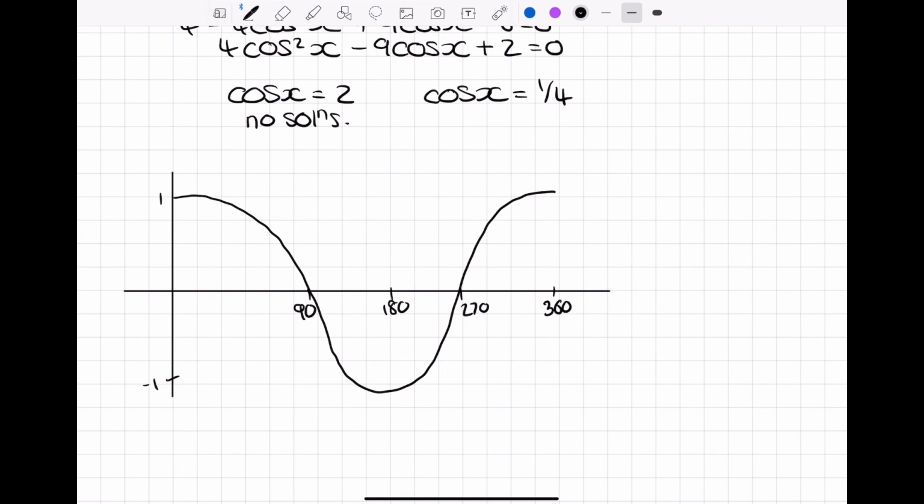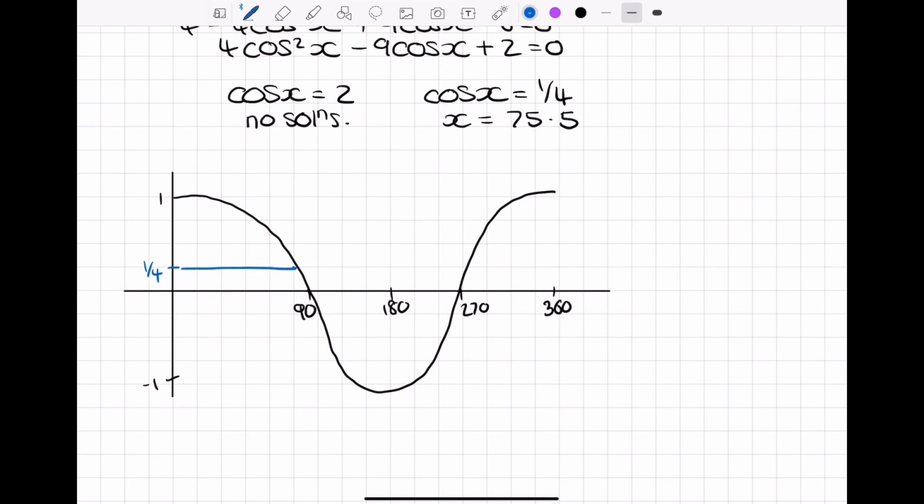But for the cos x equals 1/4, we'll be able to get some solutions. So if you do cos to the -1 of 1/4 on your calculator, you'll get your first solution of x at 75.5. So if I draw this one on the graph, 1/4 is about here.